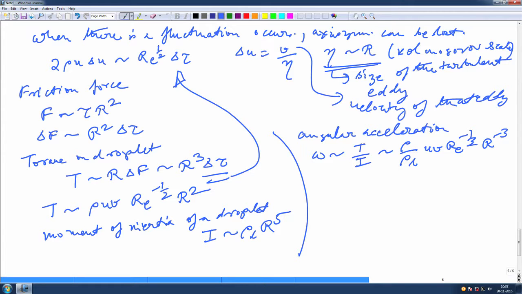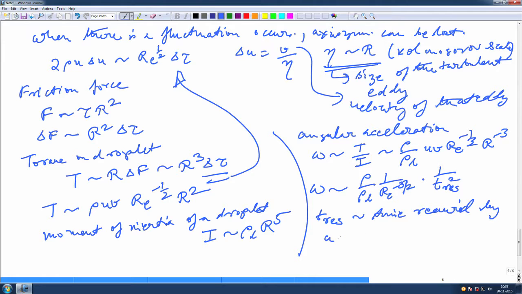Okay. So, the angular acceleration can also be therefore written as rho by rho L divided by Reynolds number to the power of minus 3 by 2 into 1 by some t residence time square. Now, this t residence time is nothing but the time required by a gas parcel to pass the droplet.